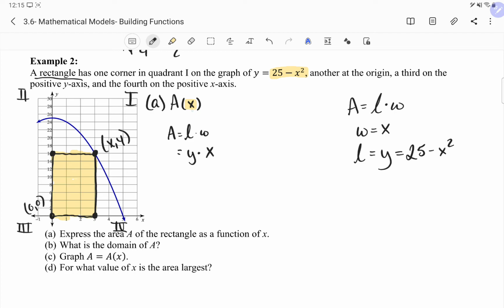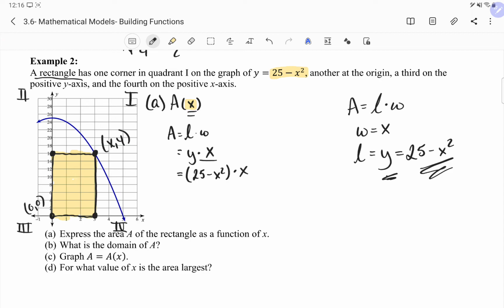Notice that we still don't have it in terms of x yet. So we're going to need to change any of those values that are not in terms of x back into terms of x. I have y is actually equal to 25 minus x squared, so I'm going to replace my y with 25 minus x squared. And then we still have times x at the end.